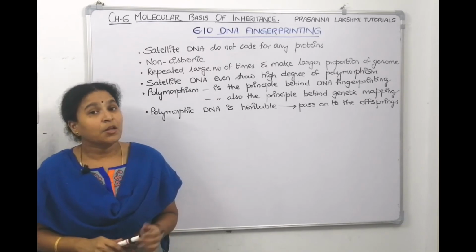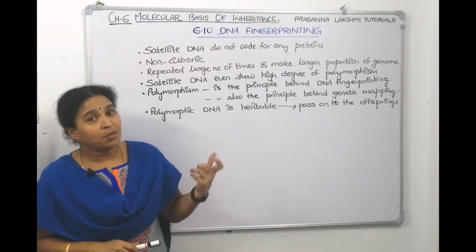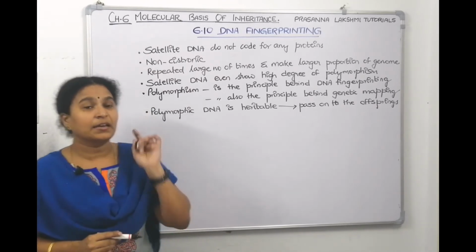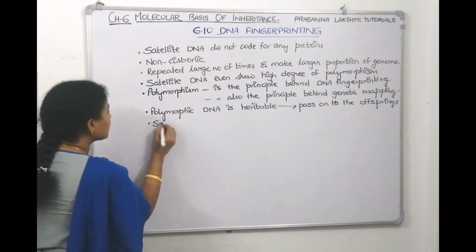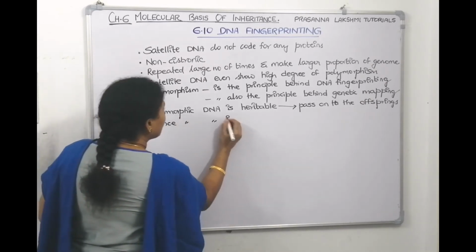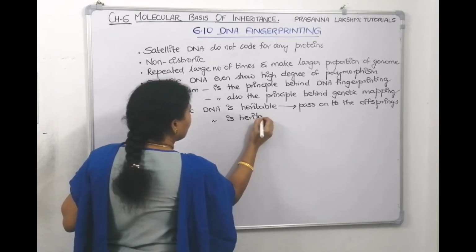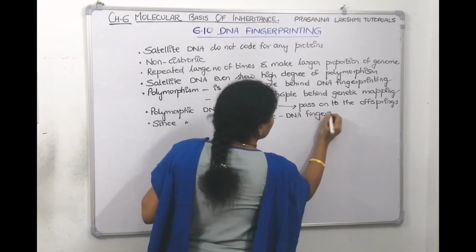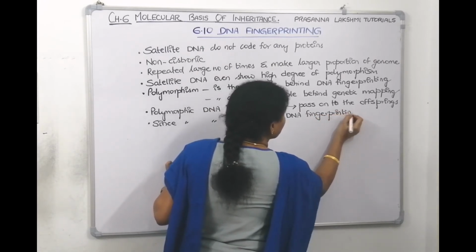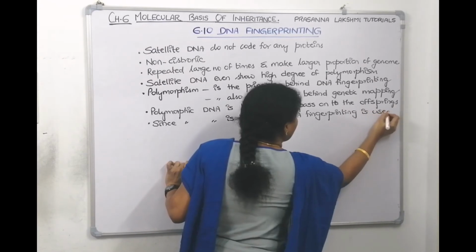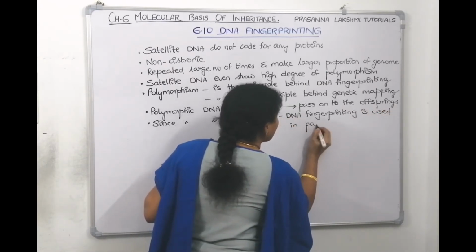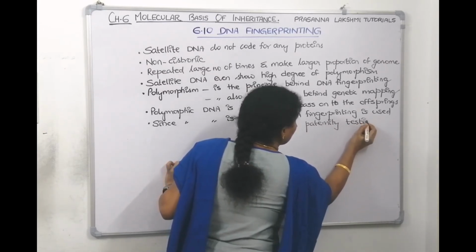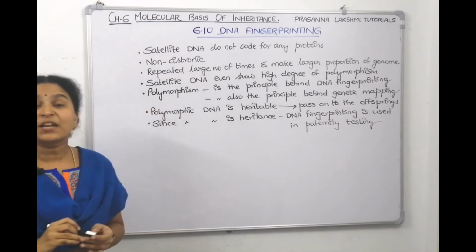Since polymorphic DNA is heritable and is helping us do DNA fingerprinting, DNA fingerprinting is used in paternity testing to find out the genetic father.